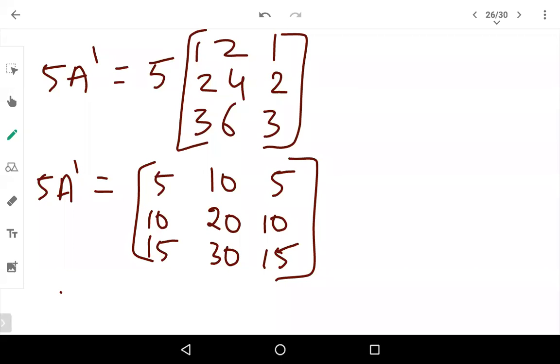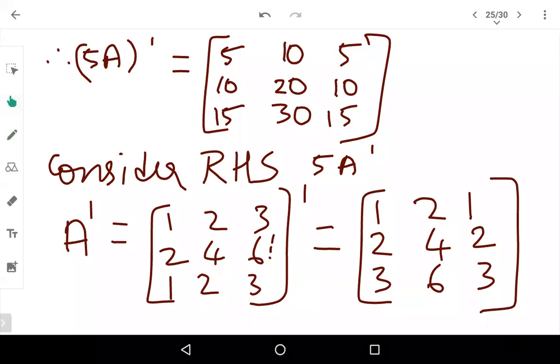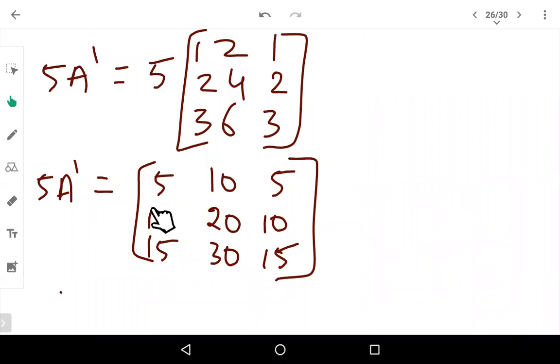Okay, now let us compare. See this matrix 5, 10, 5, 10, 20, 10, 15, 30, 15. Okay, this and this. Again you have 5, 10, 5, 10, 20, 10, 15, 30, 15. Both the matrices are same.